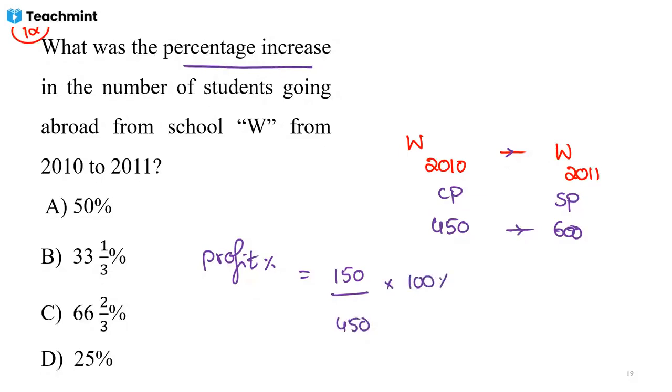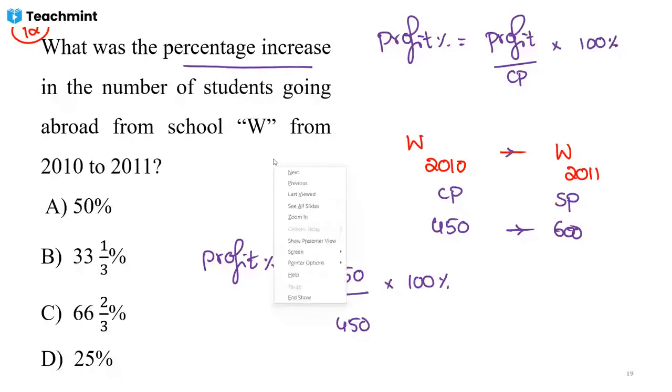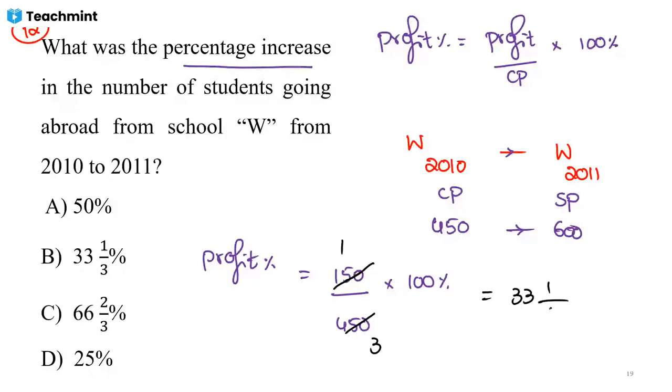To convert into percentage, we should multiply by 100. So guys, profit percent or percentage increase is the same. Profit percentage is profit with respect to CP into 100. This is easy to recall. If you are not done with percentages, at least with profit percentage, you can recall this. So 1 time and 3 times, 100 upon 3 is 33 1 by 3%. Option B.